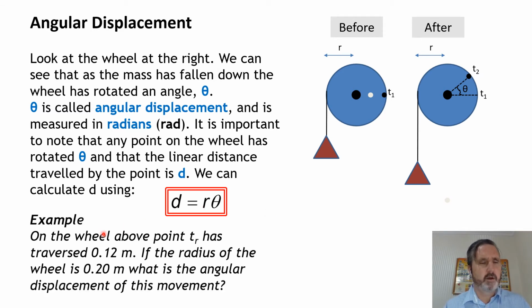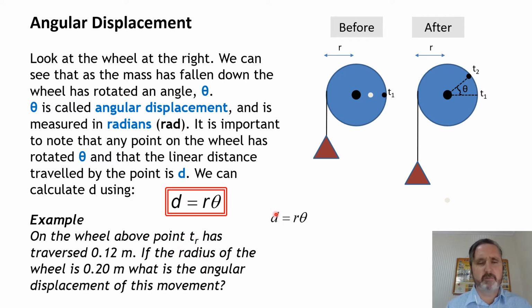So, on the wheel above, point T has traversed 1.2 meters. So what happened is from here to here it's gone 1.2 meters. If the radius of the wheel is 0.2 meters, what is the angular displacement for this movement? Remember, angular displacement is going to be measured in rad, so when we get this answer, we're going to write it in rad.